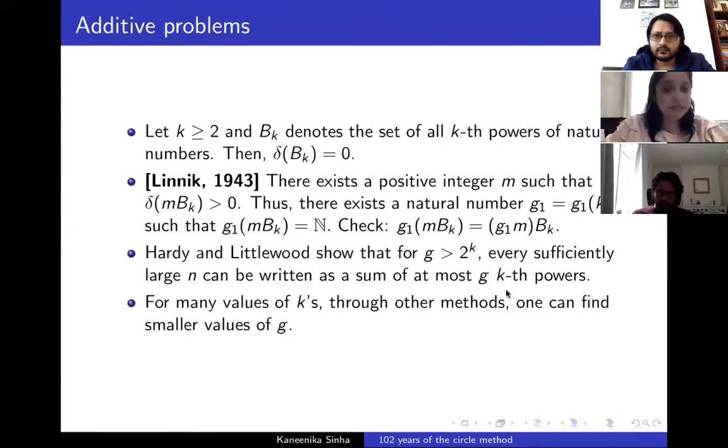Note here that for many values of k, through other methods, one could find other smaller values of G. But the Hardy-Littlewood theorem says that 2 raised to the k plus 1 is large enough to build the entire set of natural numbers. Not entire, but sufficiently large. More about this, a more precise formulation, coming soon.